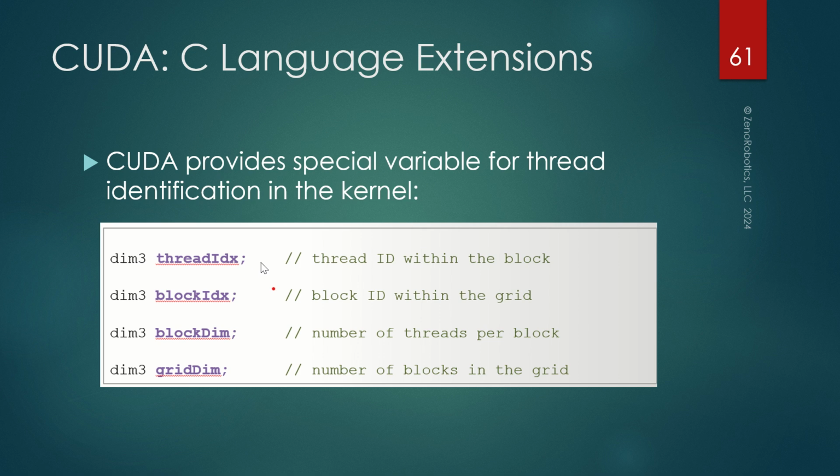Threads definitely do have three dimensions. The blocks, I believe you would only go with two. And block dim is a constant that is dependent on the architecture, so how many threads per block. And grid dim is also a constant, and it is the number of blocks in a GPU.